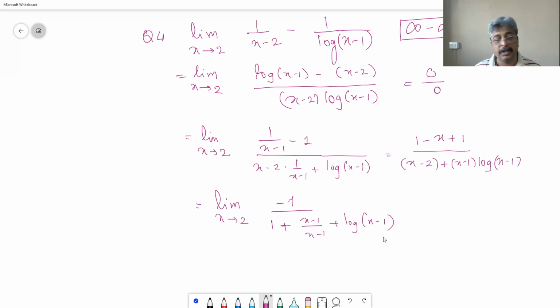Right? Yes. Now if you substitute x is equal to 2, you get minus 1 upon 1 plus 1 plus 0, which is equal to 1 upon 2 with negative sign.